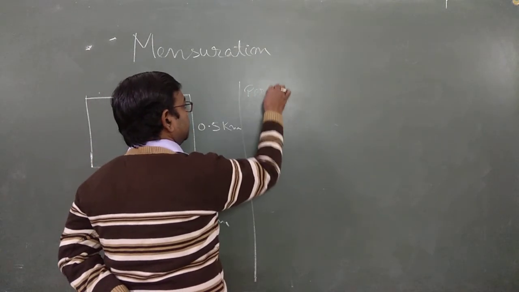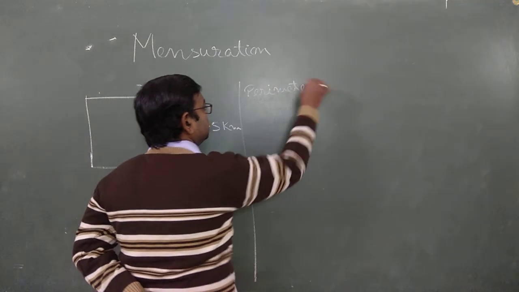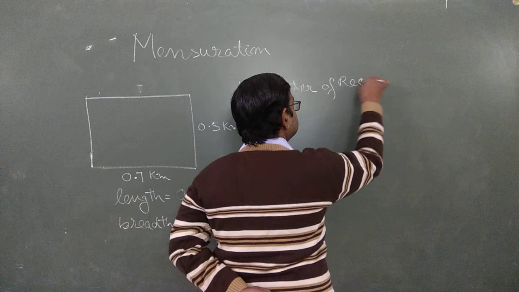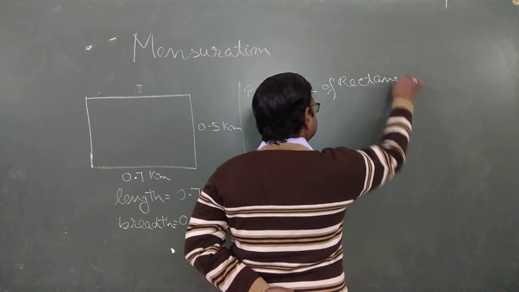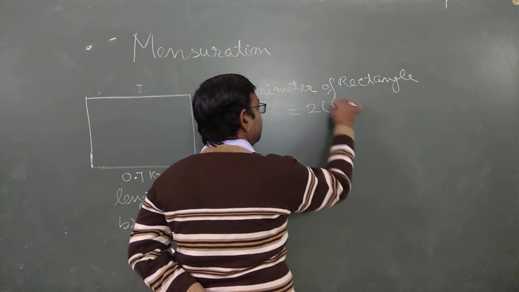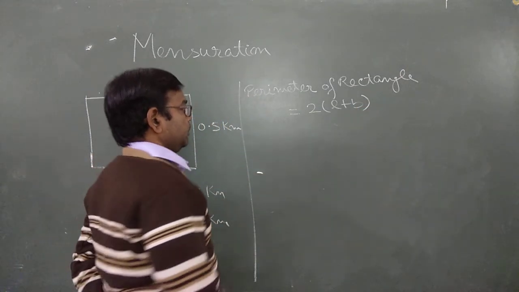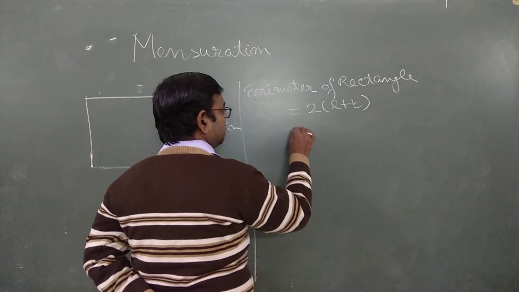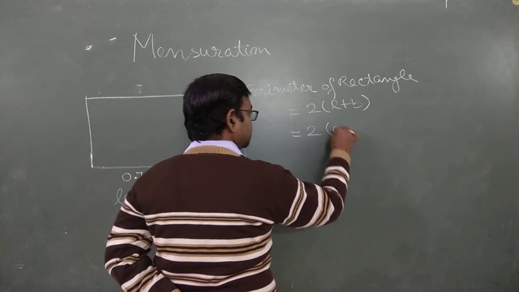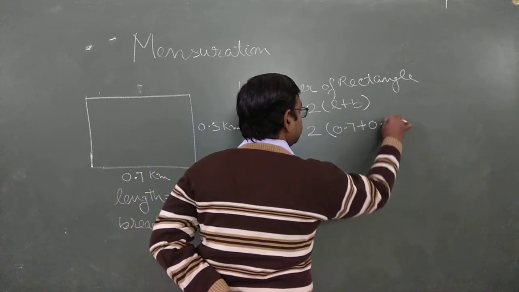Perimeter of rectangle. You must check whether I have made some mistake or not. Perimeter of rectangle is equal to 2 into (L plus B). This is the formula. Now, 2 into length, which is 0.7, remember the digit, 0.5 is your breadth.